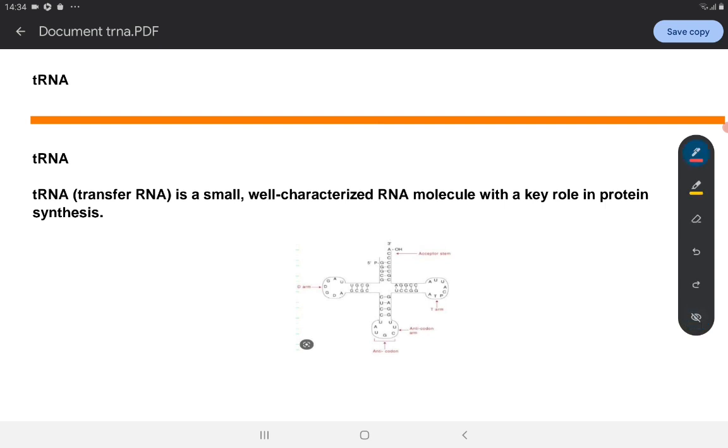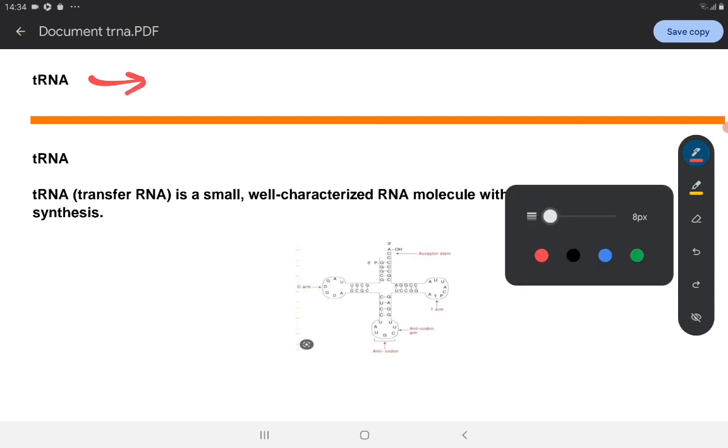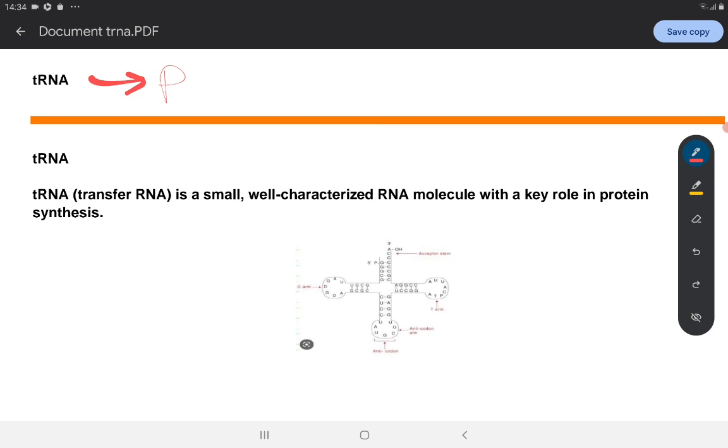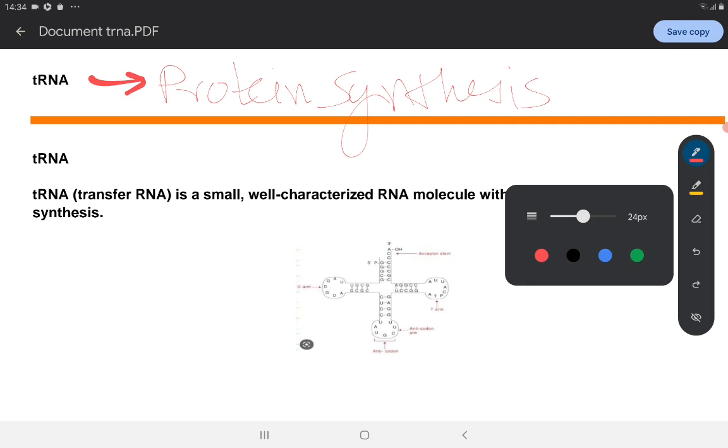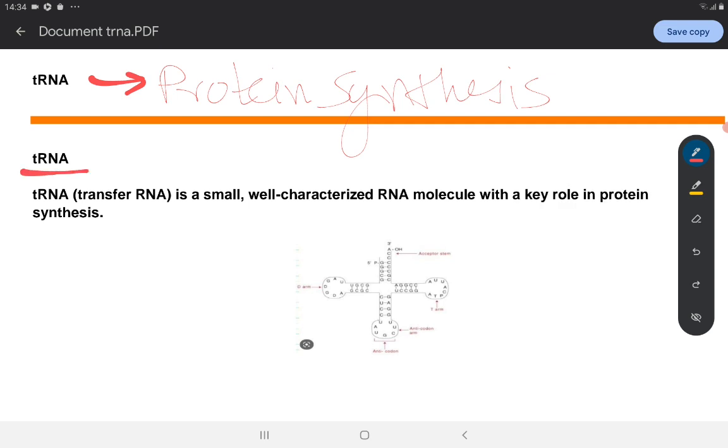It is actually involved in the process of protein synthesis, right? It is involved in protein synthesis or what is known as translation. Now tRNA, as you can see, the full form is transfer RNA. So what it transfers, as the name suggests, it transfers something.